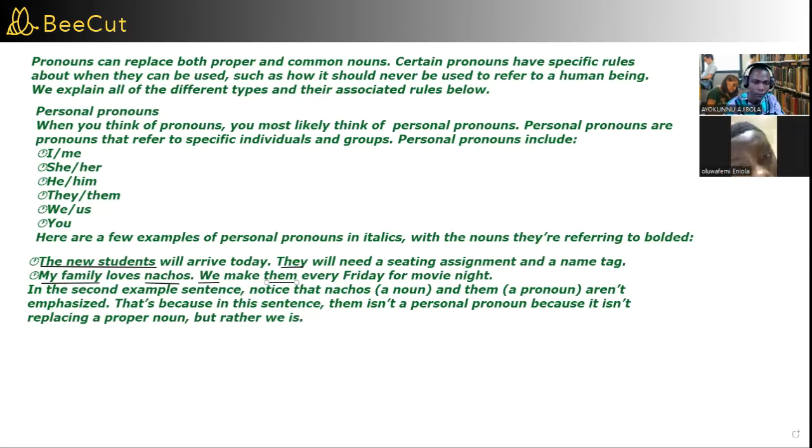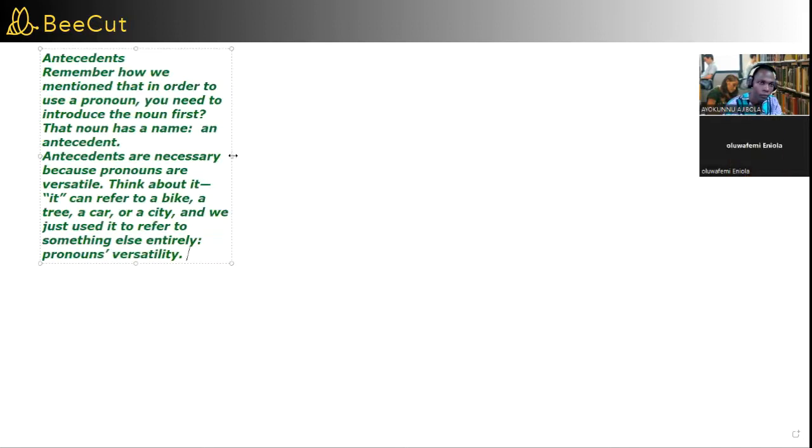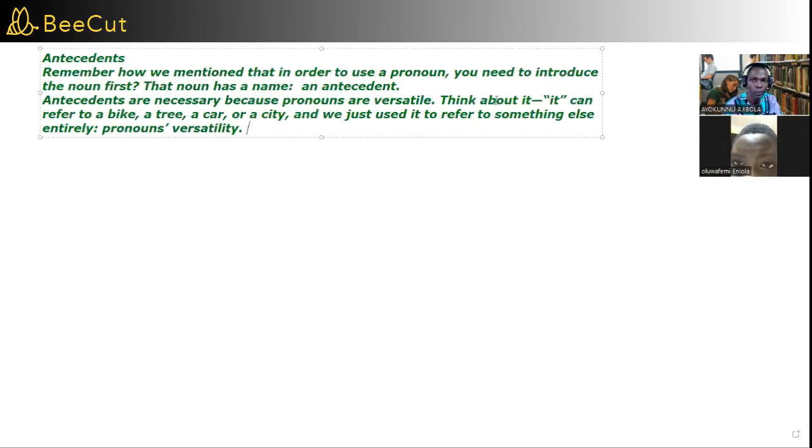And the next one we want to talk about is antecedent. Remember how we mentioned that in order to use a pronoun, you need to introduce the noun first?